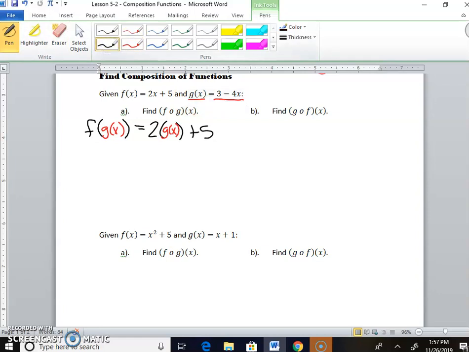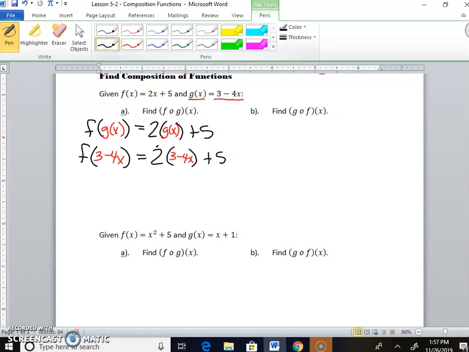So when I'm going to plug in my g of x, essentially what I'm doing is plugging in 3 minus 4x here. And if I plug in 3 minus 4x over here, that means that I've got to plug it in over here as well. Just like with our functions, we aren't going to do anything over on this side of the equation. All we're going to do is simplify over here on the right.